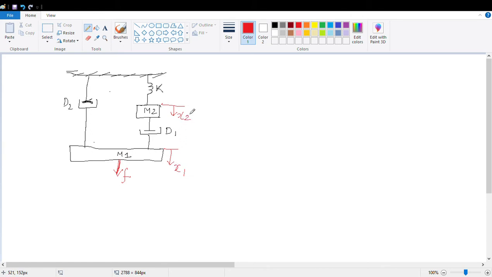Now in D'Alembert's principle, we know that the system attains static equilibrium. How? Initially there is a force.